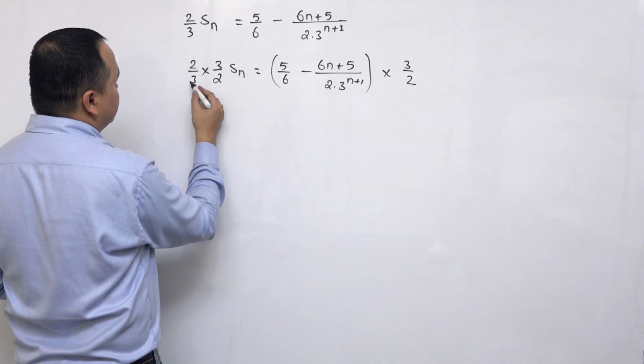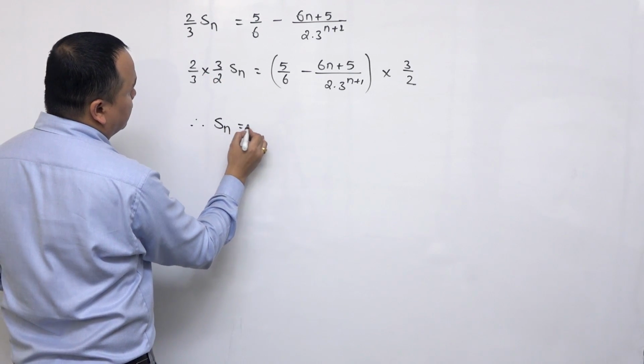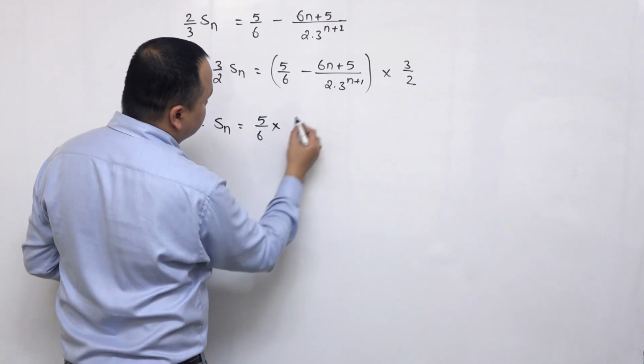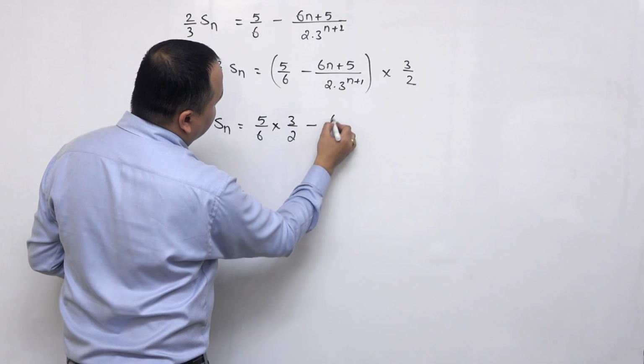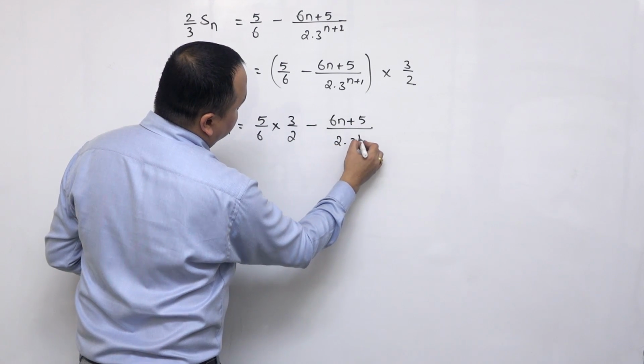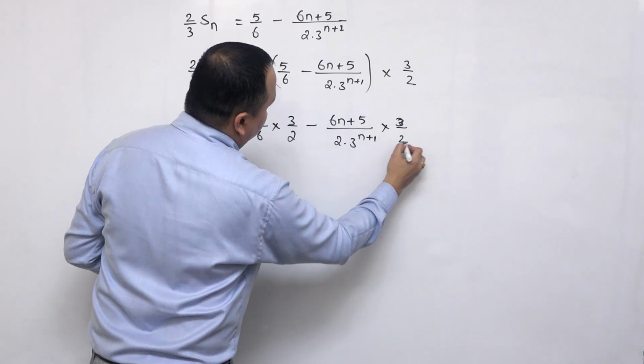Yes, 3 cancel, 2 cancel. Therefore, Sn is 5 upon 6 into 3 upon 2 minus 6n plus 5 upon 2 into 3 to the power n plus 1 into 3 by 2.